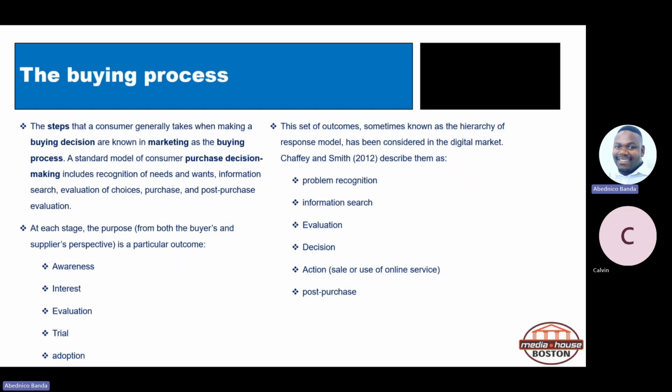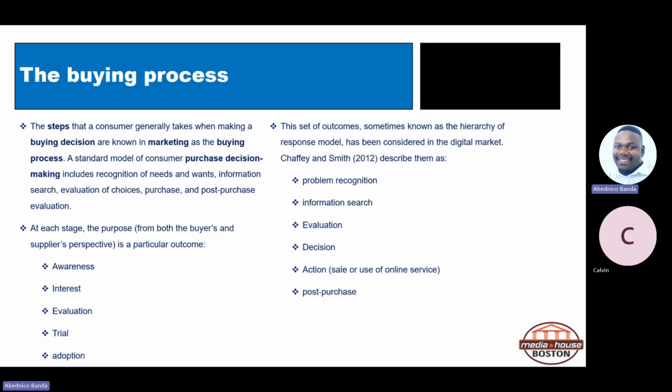This matters because you have to be there as a brand at each stage. When people are recognizing the problem, you must be there. When people are searching for information, you must be there and make sure your information is available. When people are evaluating their choices, you must be there and make sure they choose you.